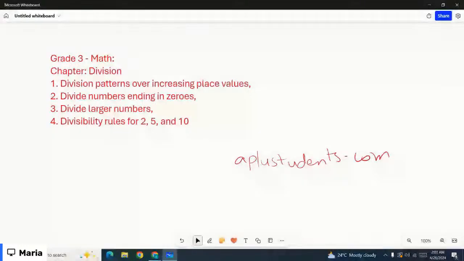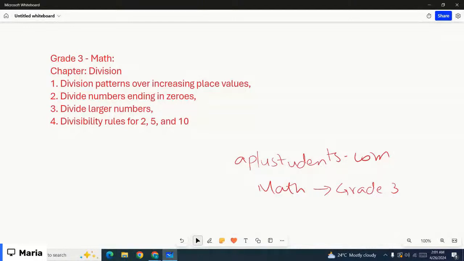You have to log in there using your email address and the password provided by the administrator. Then select math from the subject tab. Scroll down to grade 3 and then click on view all lessons.